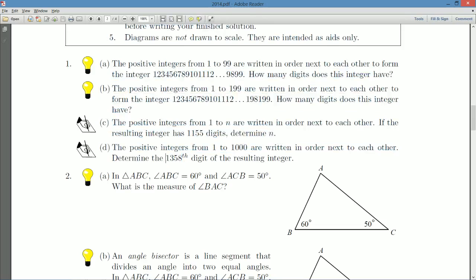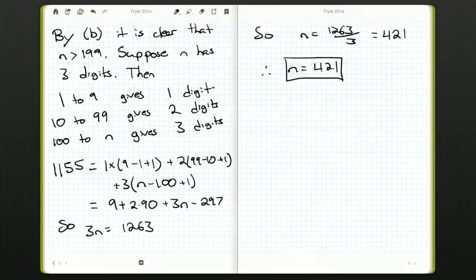Okay, so how would we figure that out? Well, we might ask, how close can we get? This is likely not going to be the 1000th digit, or the digits coming from the number 1000. So we could ask, how close can we get to 1358? So what do we want to say?